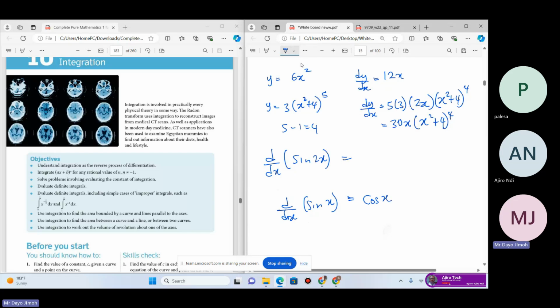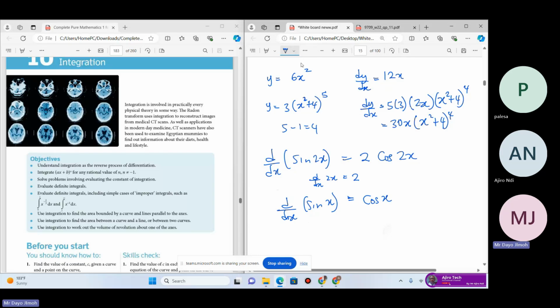So to solve this one, chain rule, differentiate the brackets. These 2x, the derivative of 2x is 2. So I'll say 2 multiply cos 2x. Chain rule. Yes, the derivative of sine x is cos x.